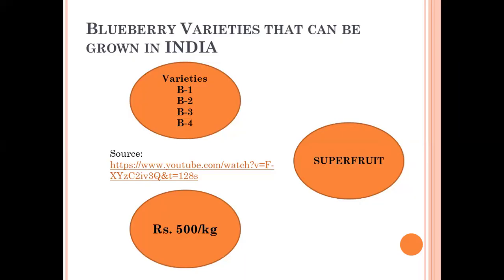Also, in a short area, you can get higher income. I have mentioned one source, by visiting which you can see how you can cultivate it. It has a brief description of the production of this blueberry. I'll share this with the team, so you can go for this.